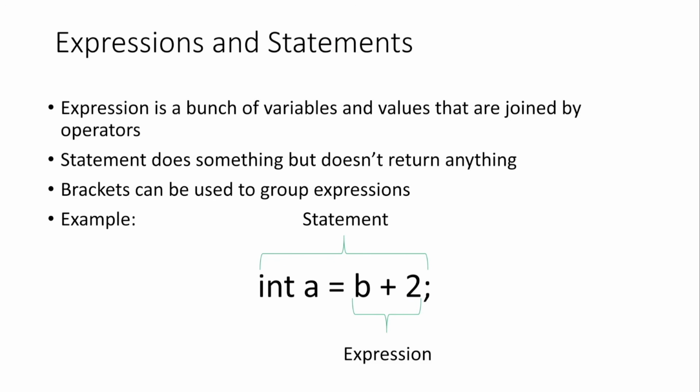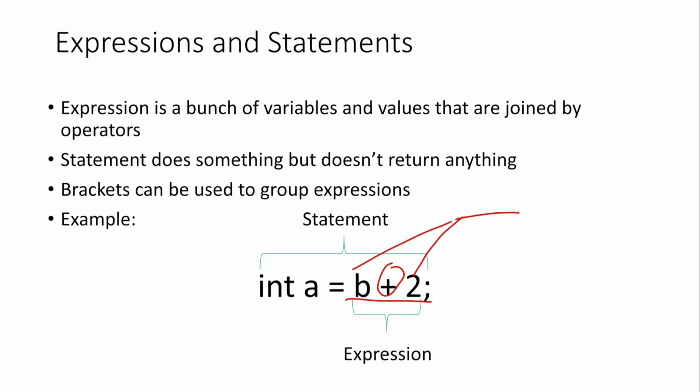Alright, let's talk about expressions and statements. An expression, like stated over here, is a bunch of variables and values that are joined together by some operator. In this case, there's a plus sign, and it's b and 2 that are being added together.